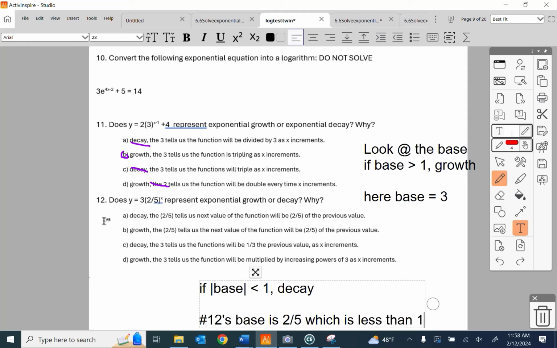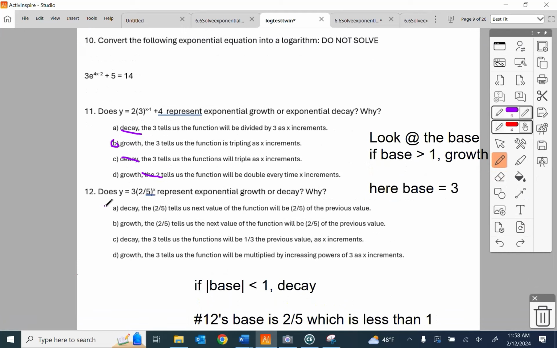From there, it's more or less just picking out the right stuff. I made these multiple choice. But anyways, it's decay, so forget growth. And this one talks about, whoops, that's the right one. See, it says 2/5. Got to be choice A. That one talks about a 3. No, it's in the wrong spot.